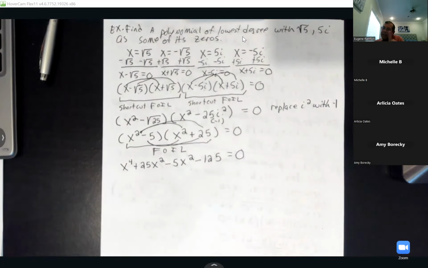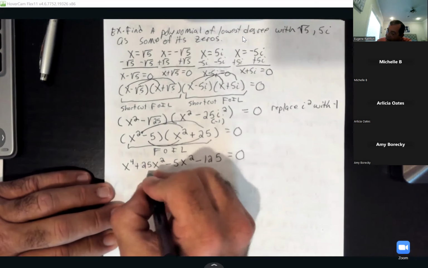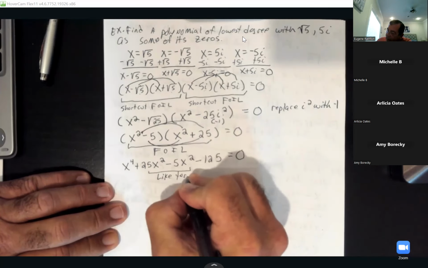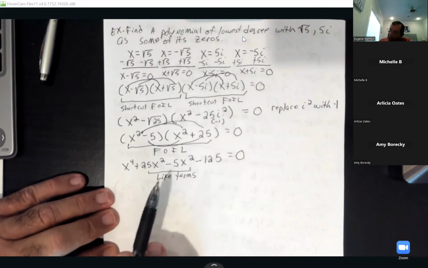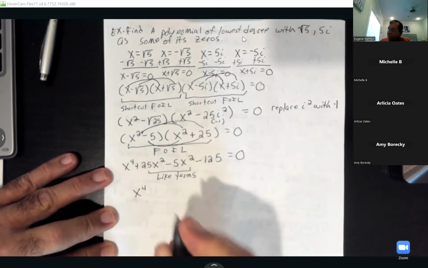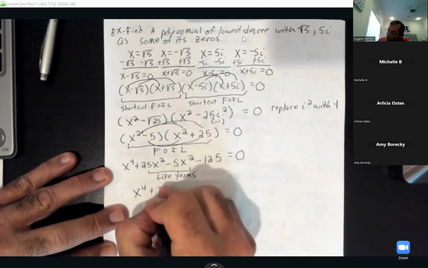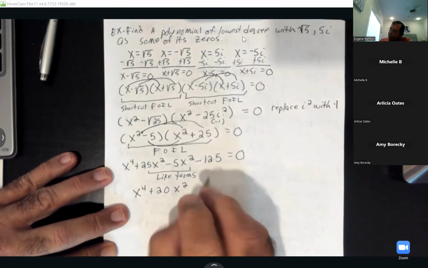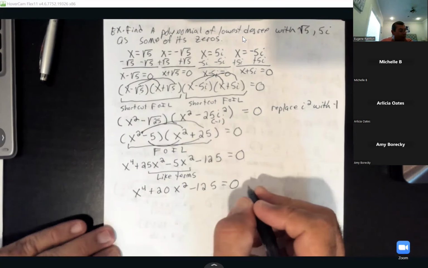And y'all notice I can go 1 more step further because x squareds and x squareds, those are like terms right here. So once we add the like terms, we should have our final answer. So let's see, we're going to bring down the x to the 4th. 25 minus 5 gives me 20x squared. And then bring down that minus 125 equal to 0.